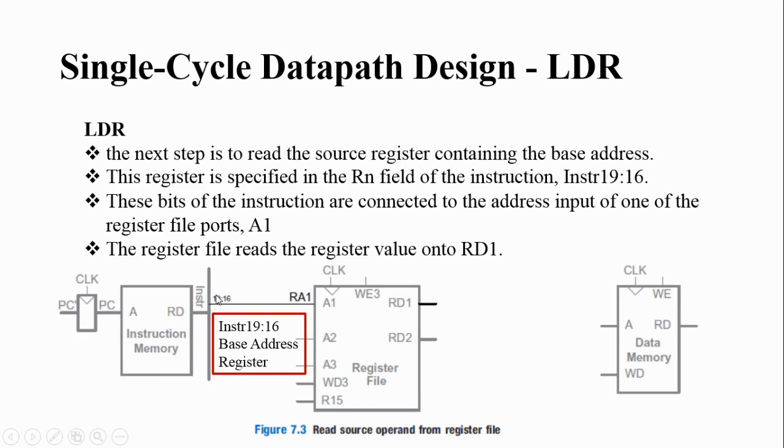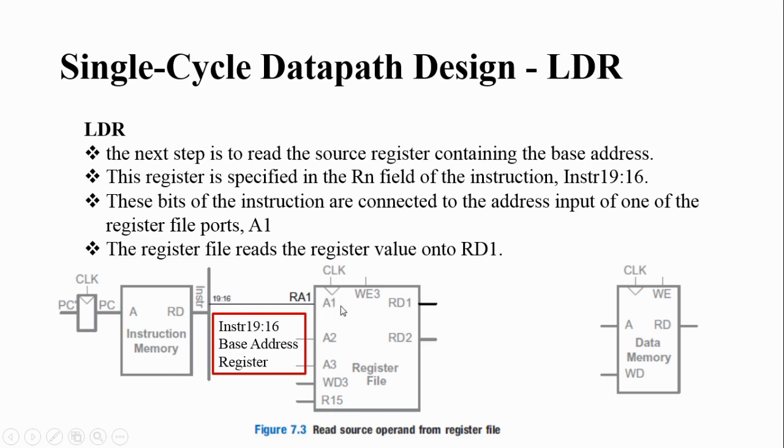These 4 bits are used for configuring the register holding the base address value. So bits 16 to 19 are given to the A1 address port of the register file. A1 is used for selecting a particular register to read, so it should get a 4-bit value.